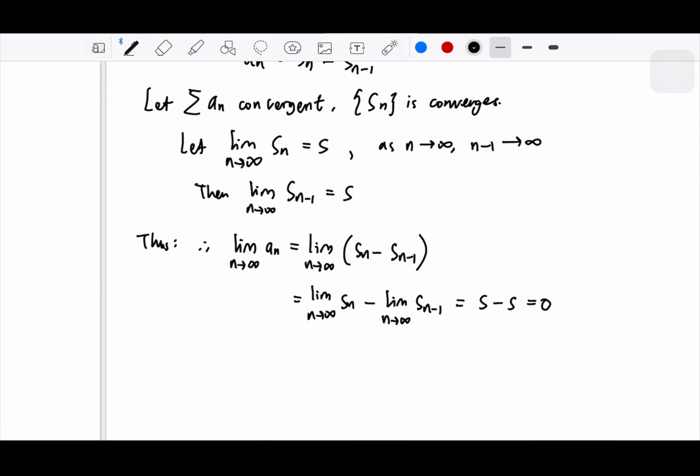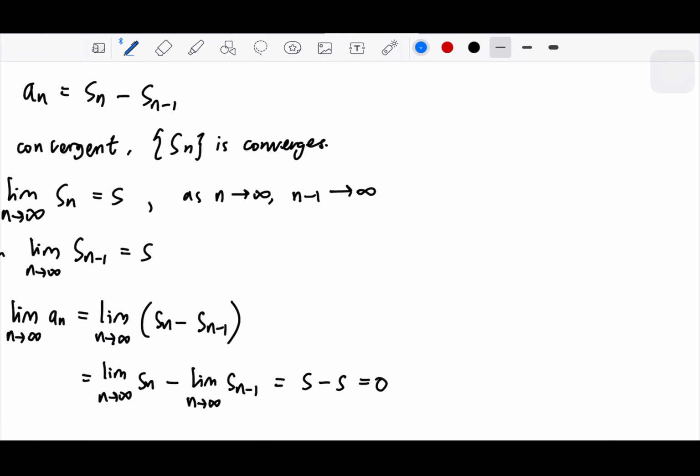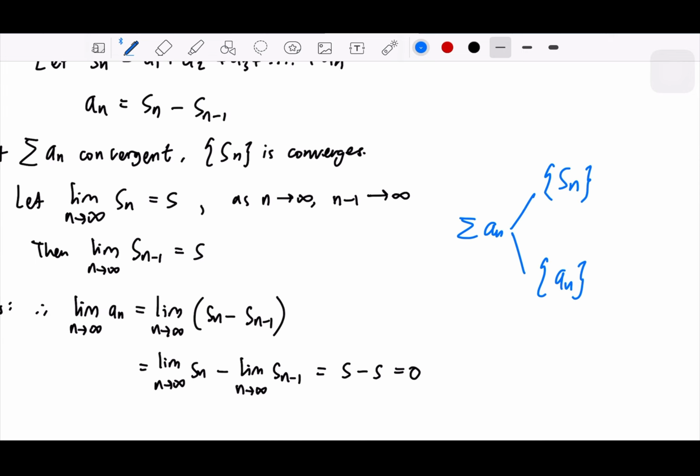So we can write in terms of the series an, we have a sequence of the partial sum and the sequence of the terms, the original sequence.